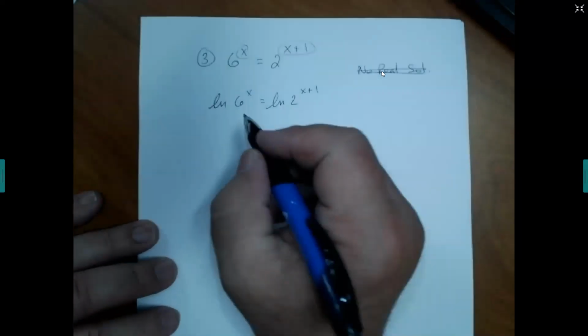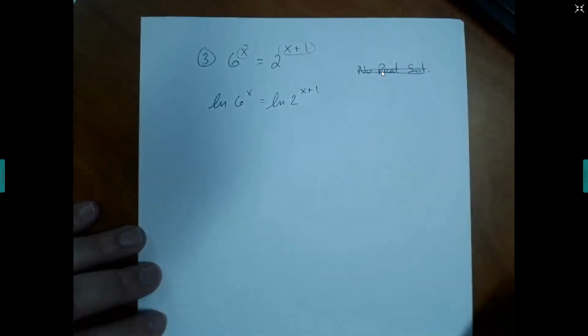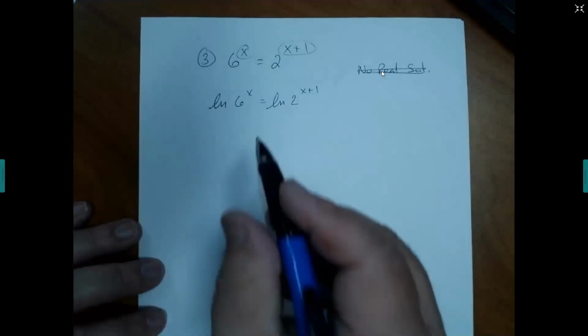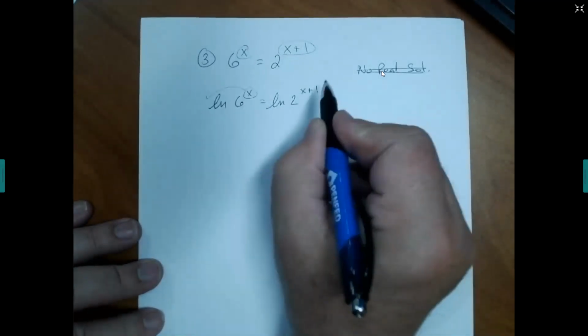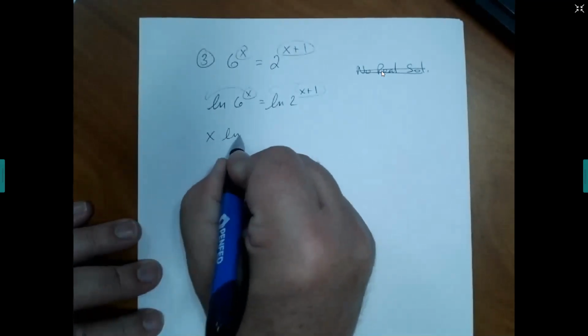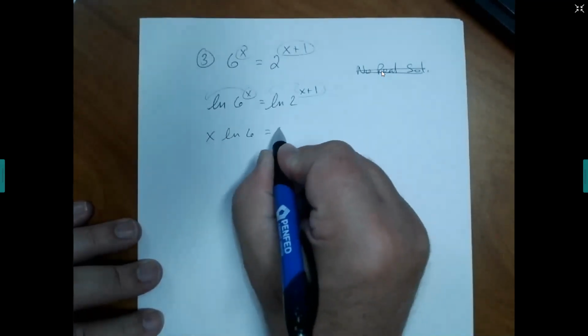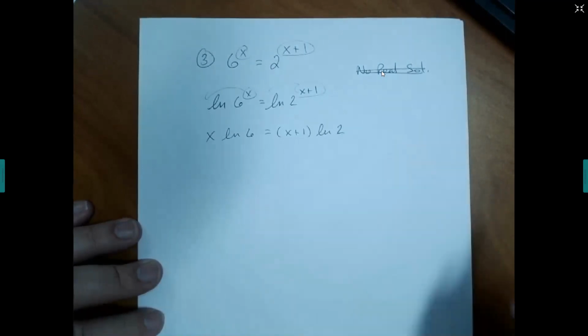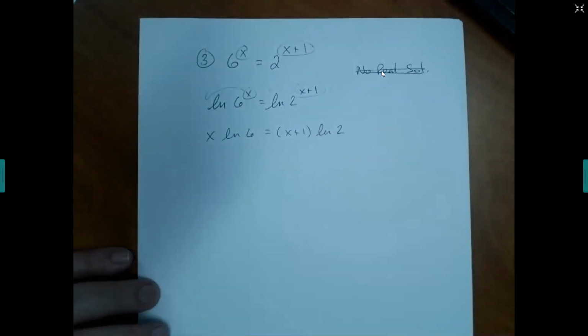If you wanted to, I could do log base 2 or log base 6, we could do that as well. But now with the exponents come out in front, we have x ln 6 equals x plus 1 ln 2.